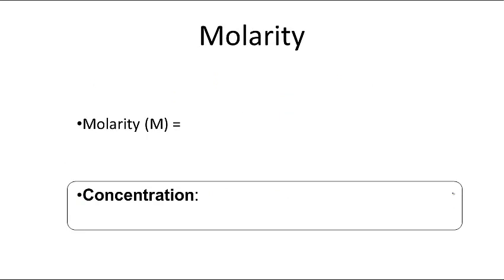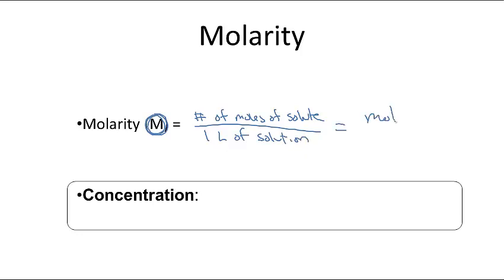So the way we talk about concentration is in this term called molarity, which is defined by this big M. And it's equal to the number of moles of solute per 1 liter of solution. And the units are moles per liter.